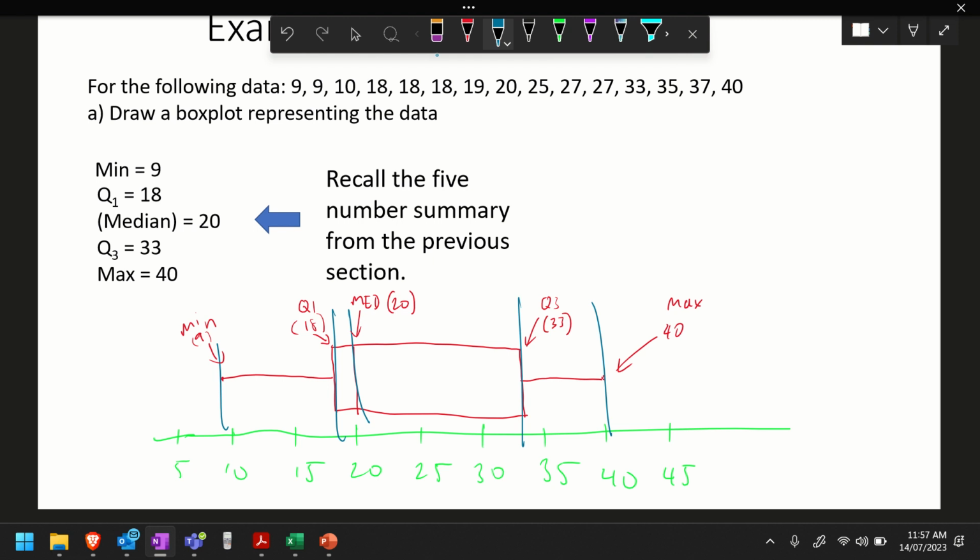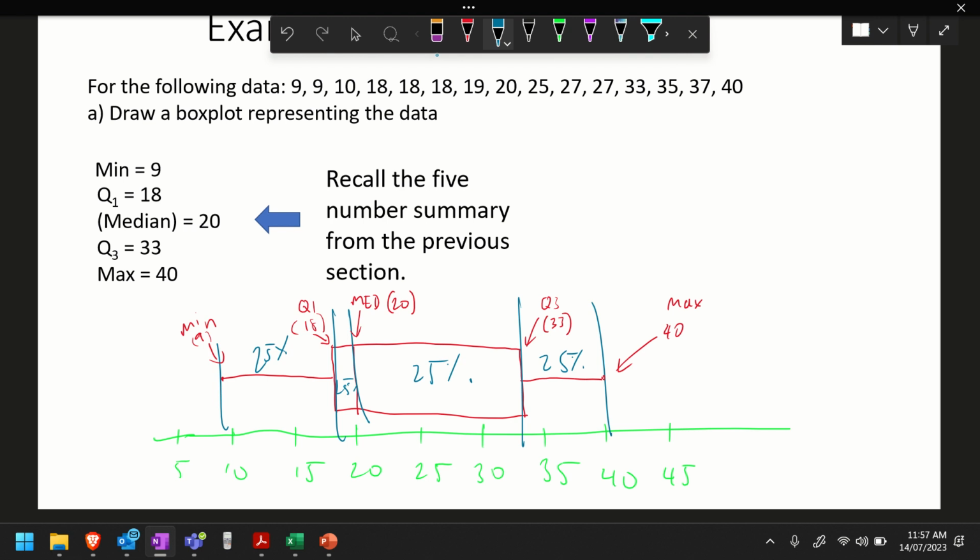If I was to ask Attila, what percentage of your data is 20 or above? Not quite. 20 or above. Have a think. Where's 20 on my number line? Down here, yeah? So what percentage of it is more than 20? 50%. So it's this plus this.